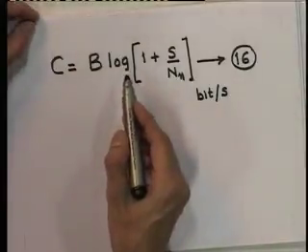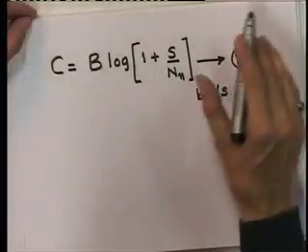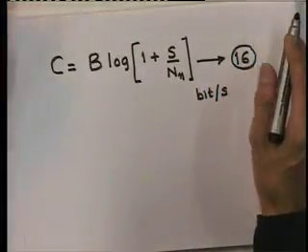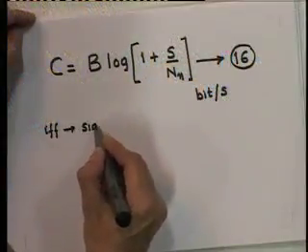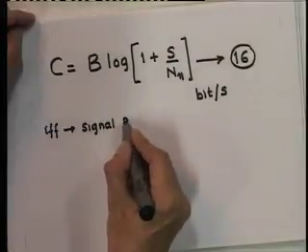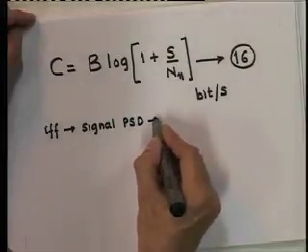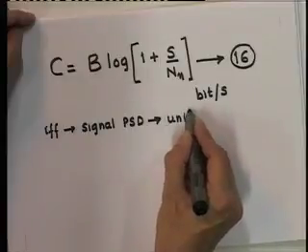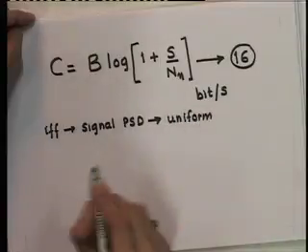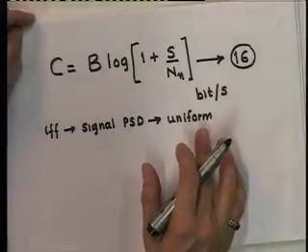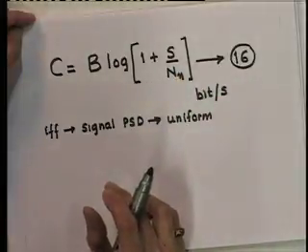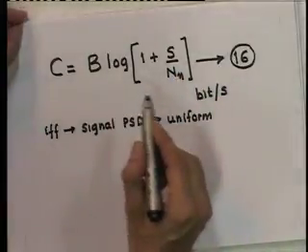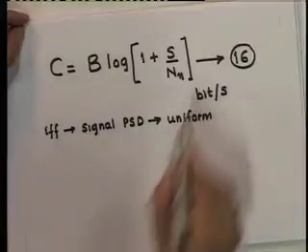Now, the samples of a band limited Gaussian signal are independent if and only if the signal power spectral density is uniform. Obviously, to transmit information at the maximum rate given by equation 16, the power spectral density of signal y t must be uniform.